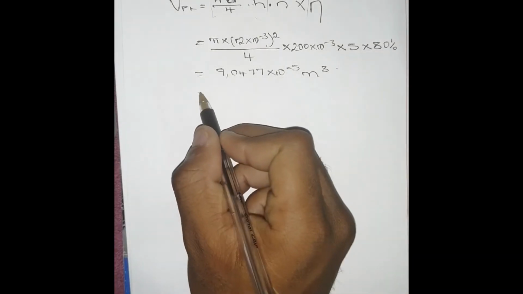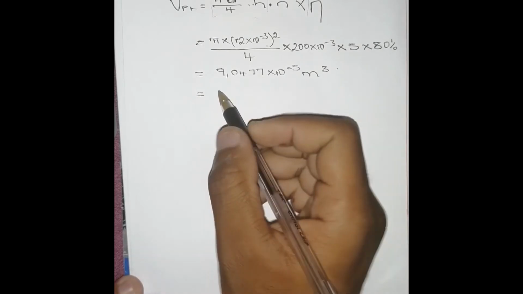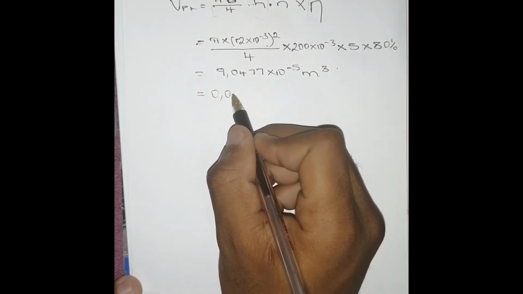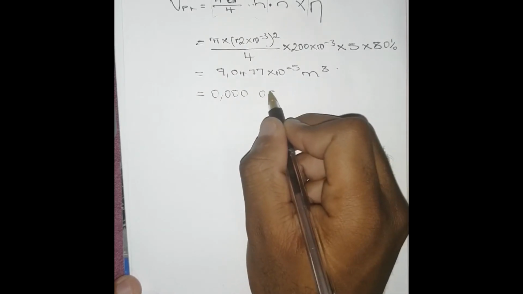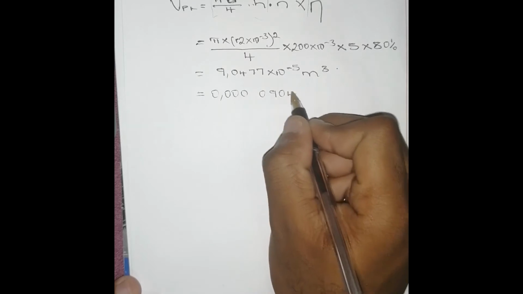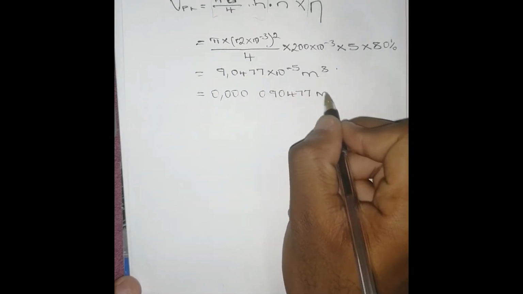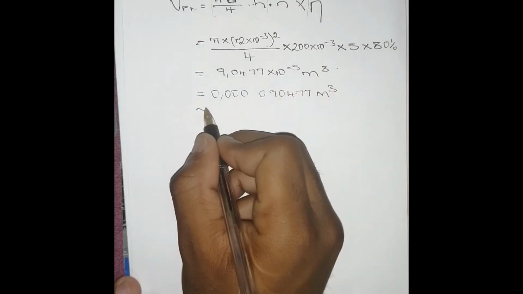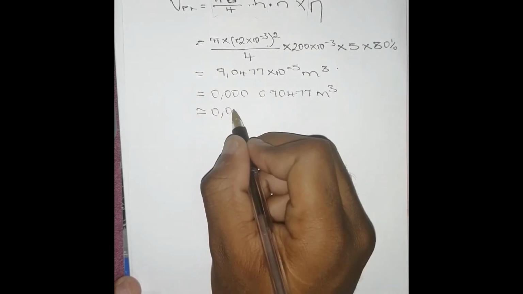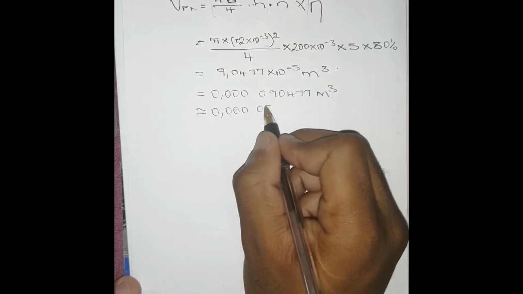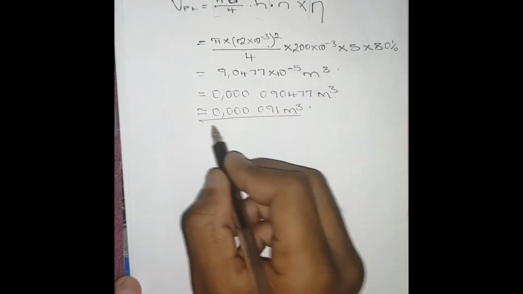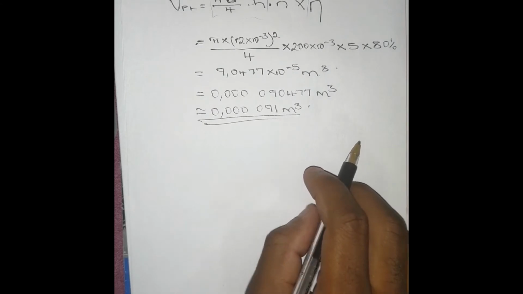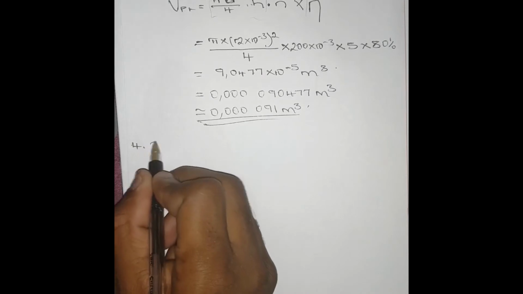And if we write this down in decimal form, it's going to be 0.000090477 meters cubed. And if we round off, it's going to be 0.000091 meters cubed. That's it for question 4.1.